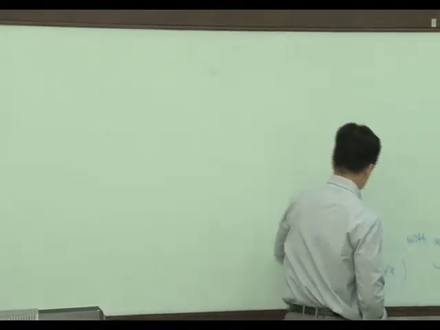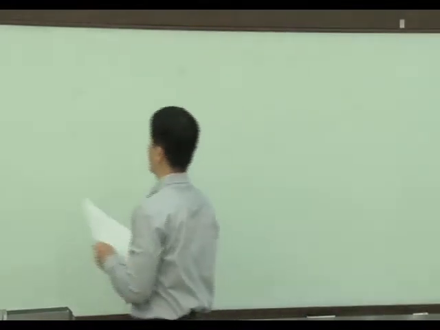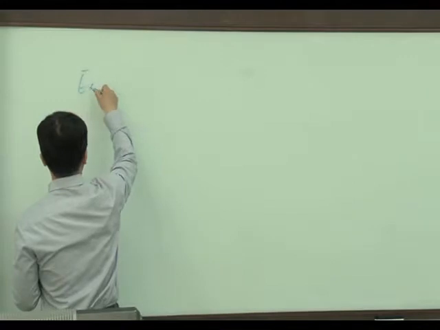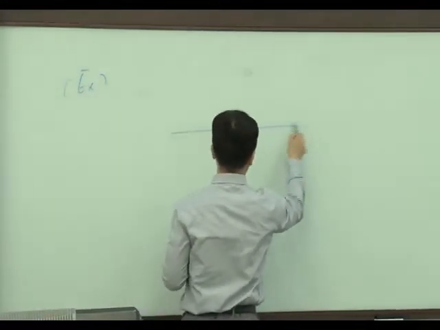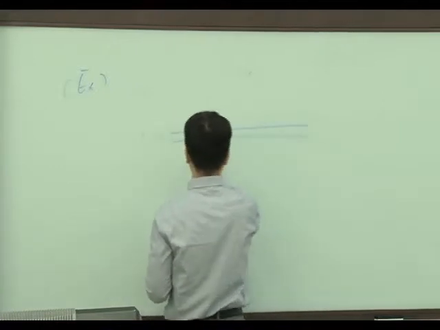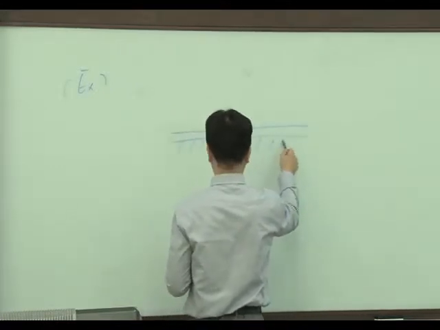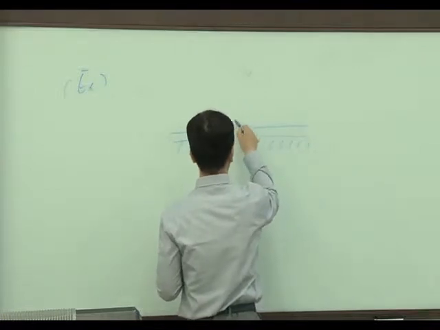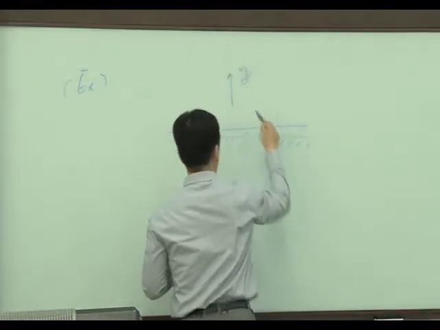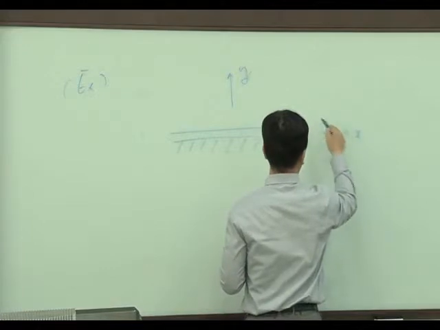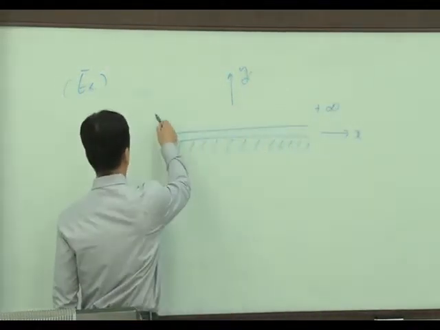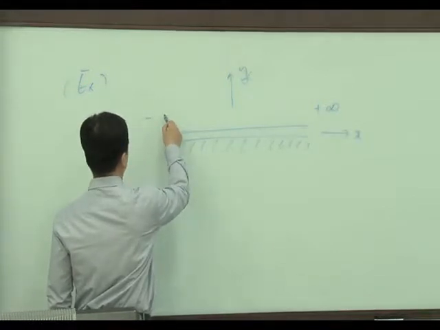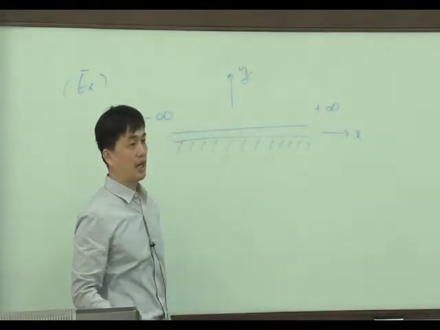So I'll give you an example. Let's consider a beam on an elastic foundation, with the y-axis and x-axis, and this beam has infinite length in the x direction and the minus x direction.